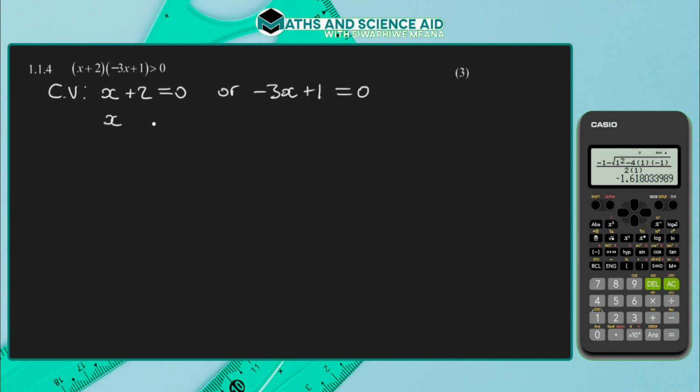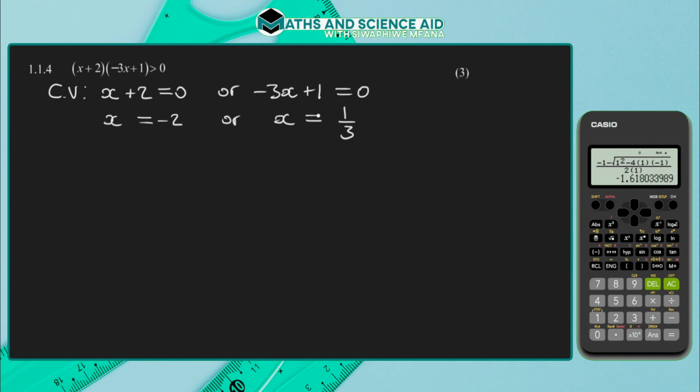So one of the critical values is negative 2, while the second critical value here will be equal to 1 over 3.